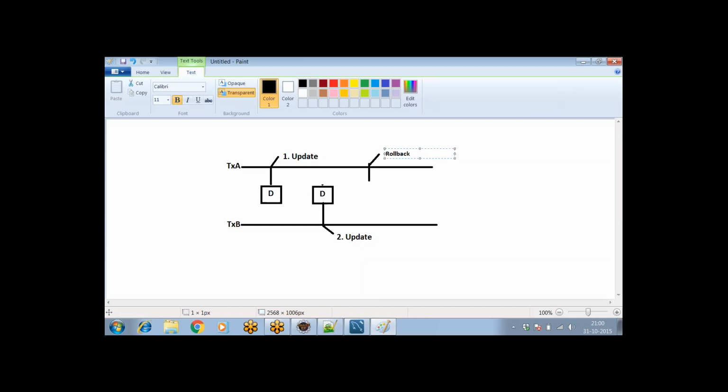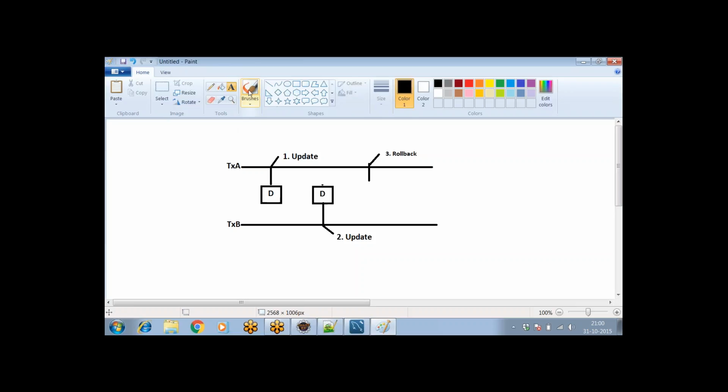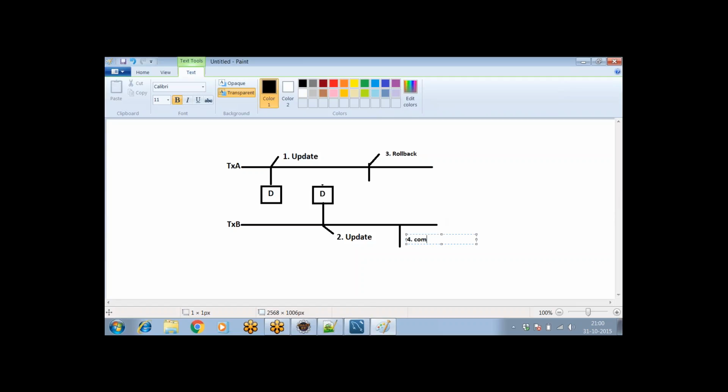That is the third step on the timeline. And transaction B does a commit. The important thing to notice here is that both the transactions are operating on the same data set.